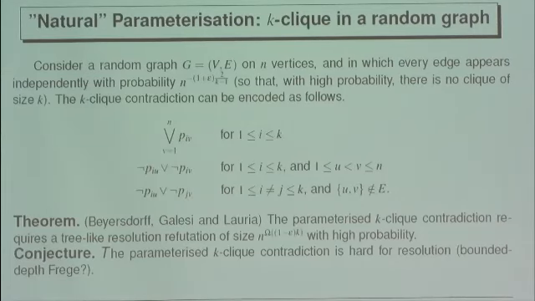You know, everything that I considered up to now was this generic parameterization by the weight of an assignment. And a priori, it's not clear why one should consider it. I mean, what does it mean? Why does it make sense?